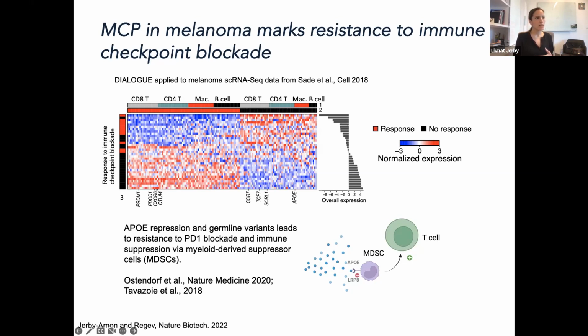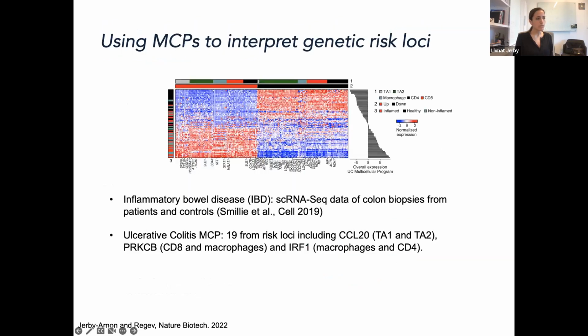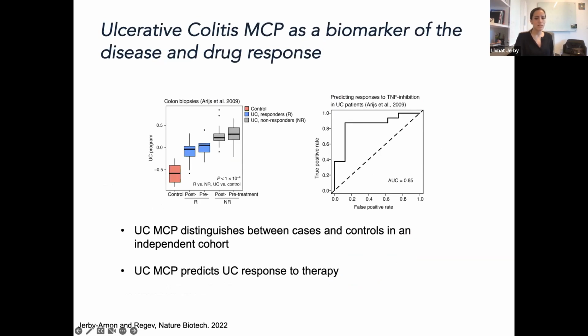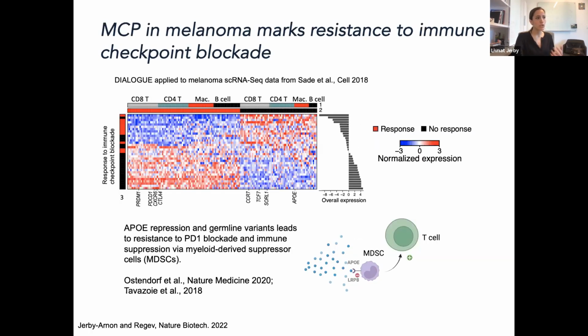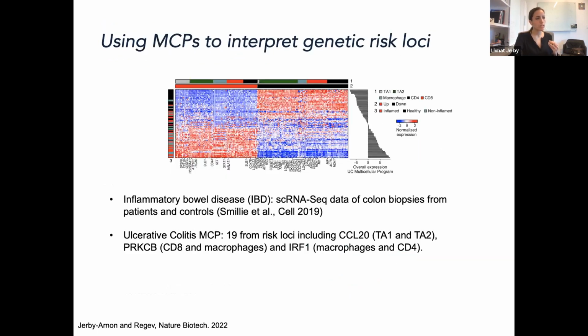Here you can see that this multicellular program that we identified is also tightly linked to the response of these patients to immune checkpoint blockade that they were later treated with. So this is one example where we started showing the connection to treatment response.